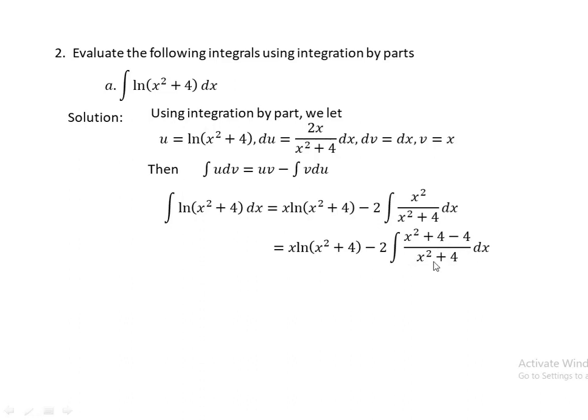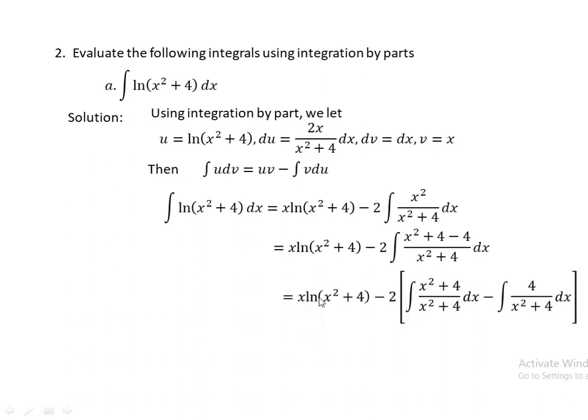And by splitting this into 2, we have x times ln of x squared plus 4 minus 2 into the integral of x squared plus 4 over x squared plus 4 dx minus the integral of 4 over x squared plus 4 dx.